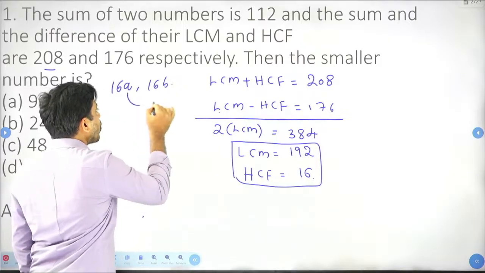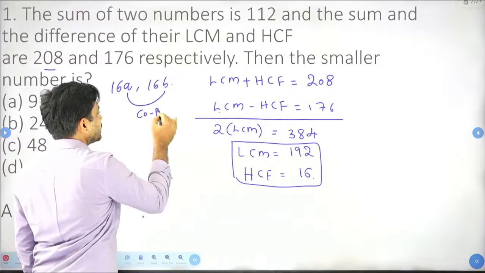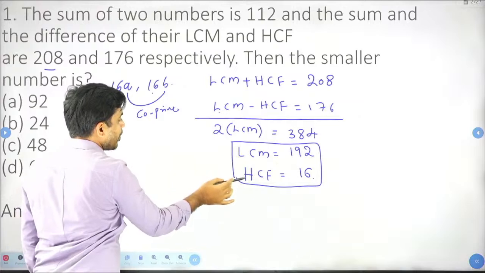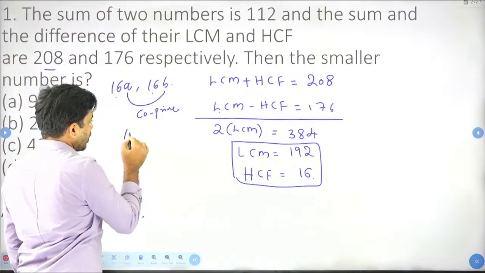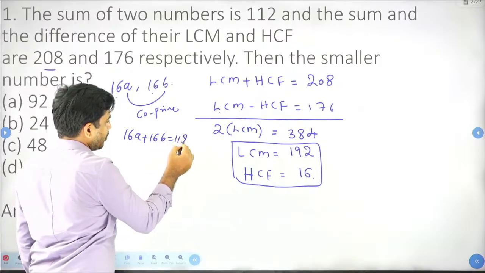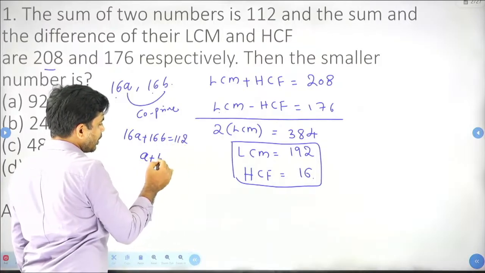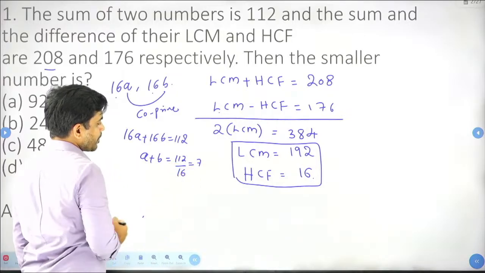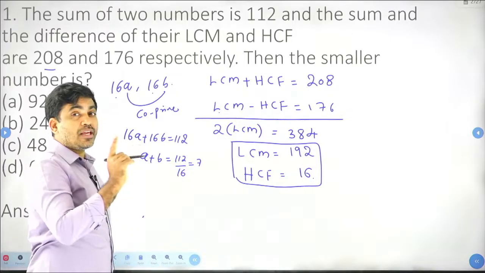They are co-prime numbers. Why is 16 multiplied? Because it is the common factor. Sum equals 16a plus 16b equals 112. So what is a plus b? 112 divided by 16 is 7. So a plus b equals 7.